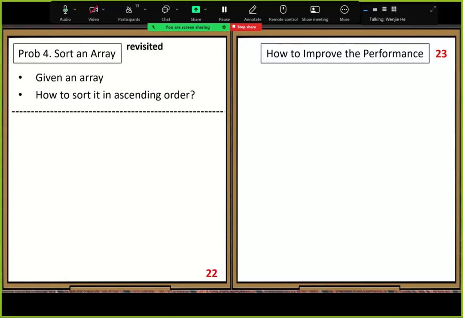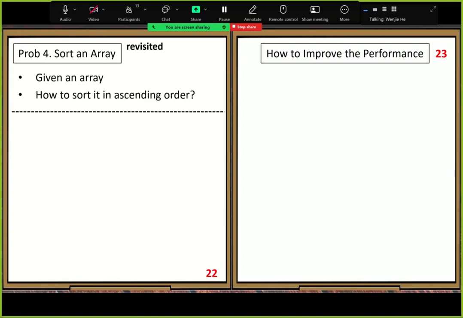Although the probability of data with that kind of input is very small, it could occur, right? It could happen.